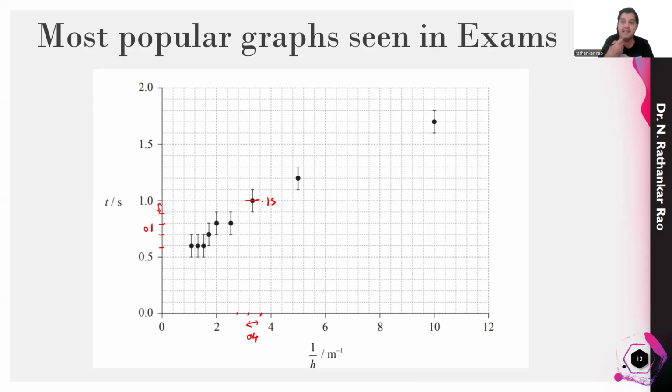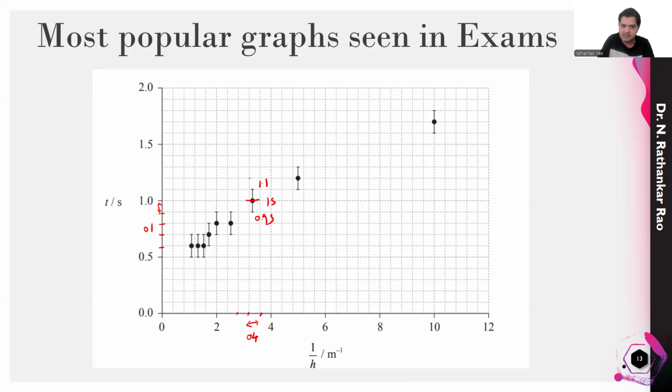But if someone else measures, you have conducted the experiment, you have got 1 second for this particular per height. But tomorrow, if someone else does the same experiment, same protocol and so on, he may get 1 second, he may get 1.1 second, he may get 0.9 second. That's what it tells you. It tells you the range or the variability of the values which is possible for you to get.